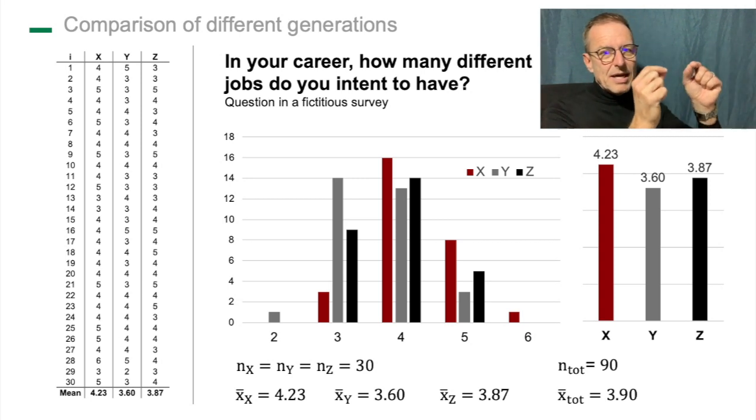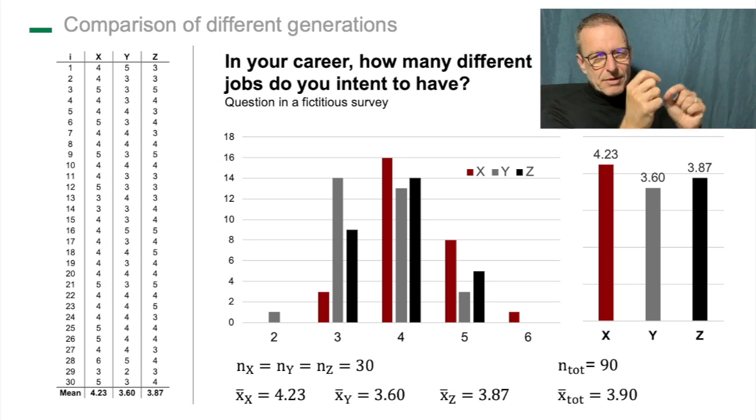And now based on the average, we can interpret how the generation affects your intention to have a certain number of jobs. But now the question is, is that random or not?